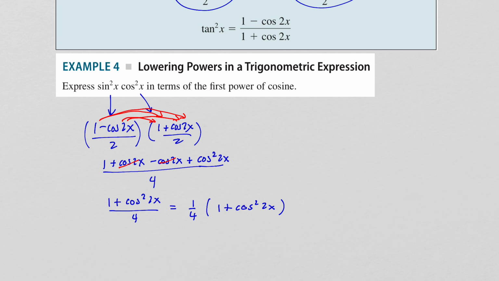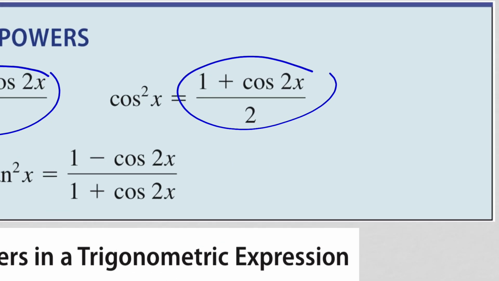Now, what I'm trying to do is write everything in terms of the first power of cosine. Well, I do only have cosine, but it's not a first power, it's a second power. So I'm going to apply these formulas again. Now, the formula says cosine squared of x is equal to 1 plus cosine of 2x, divided by 2. So if I have a 2x here, then this would just be a 4x.